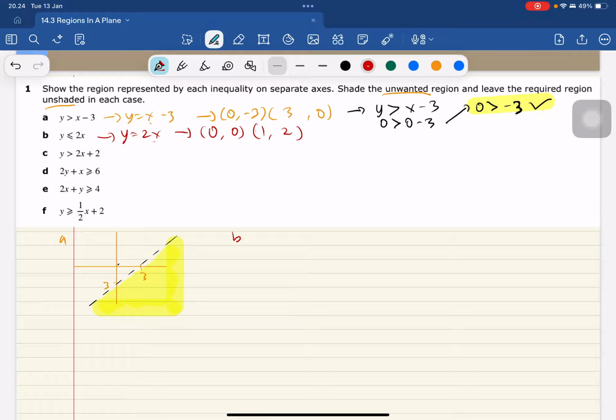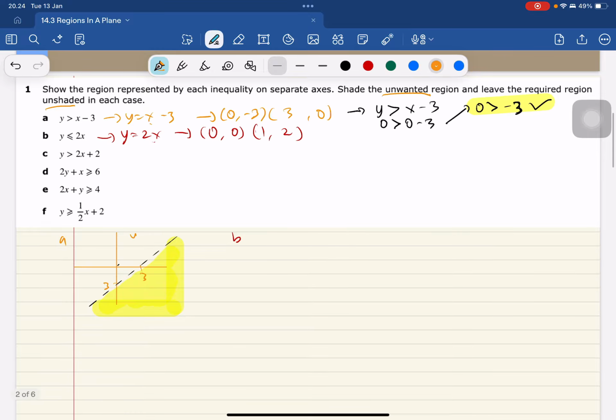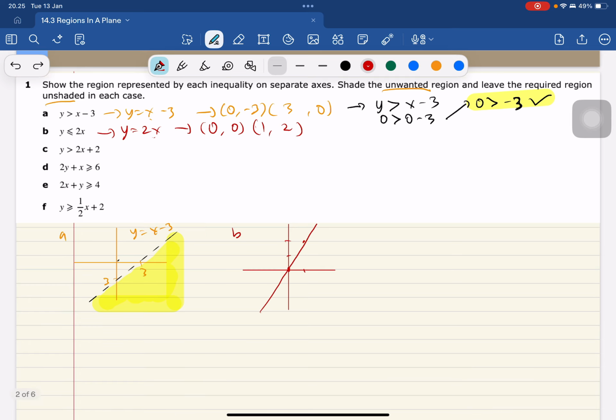Okay, so this is for y equal to x minus 3, and another line we have, with the origin here. Since this is less than or equal, we make it a straight full line. So this is y equal to 2x.